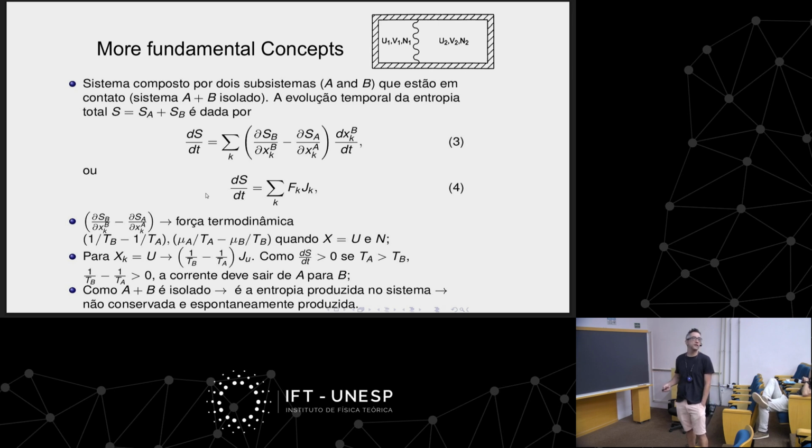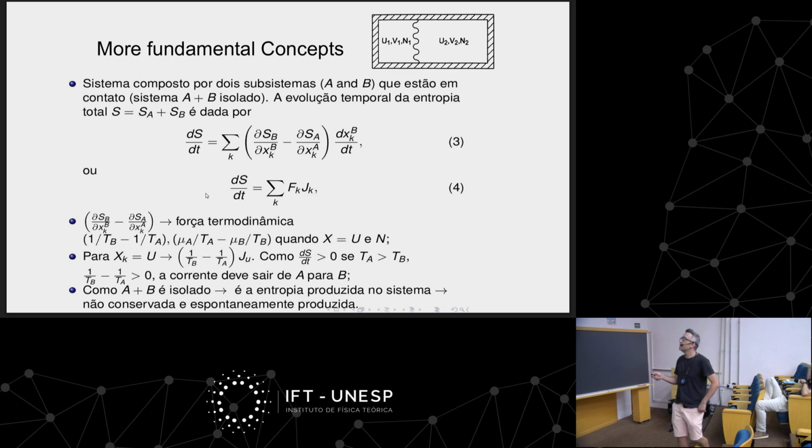This quantity is a flux. So this quantity is always positive according to the second law of thermodynamics. Since it is always positive, this quantity is positive too. Of course, both can be positive or both can be negative. This only means a heat flux from a hot to a cold subsystem, or from a higher pressure to a lower pressure, or from a higher chemical potential to a lower chemical potential.